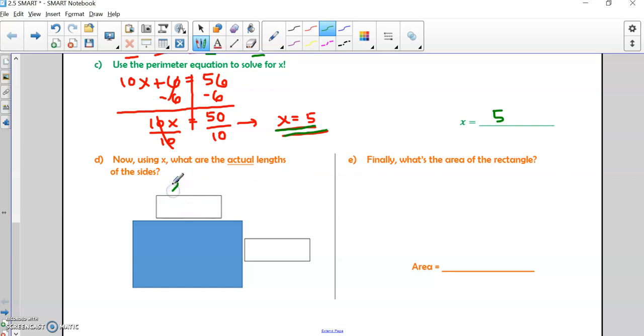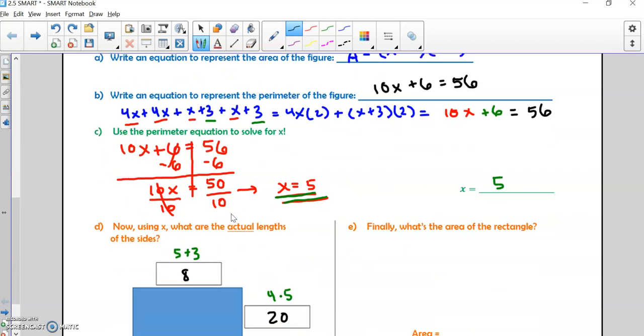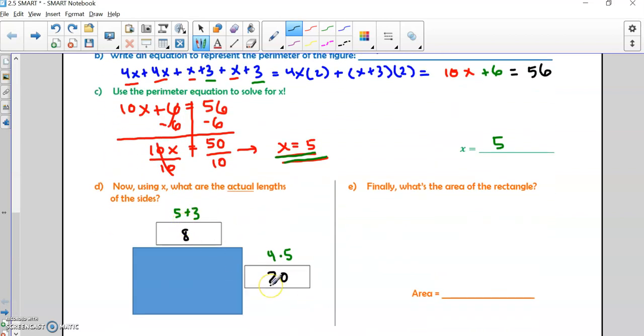So here we know that if we plug in 5 for x, it would be 5 plus 3, and here it would be 4 times 5. So my new dimensions are 8 by 20. And again, I apologize, I should have thought this through. The 20 should definitely be on the longer side, but it's okay.